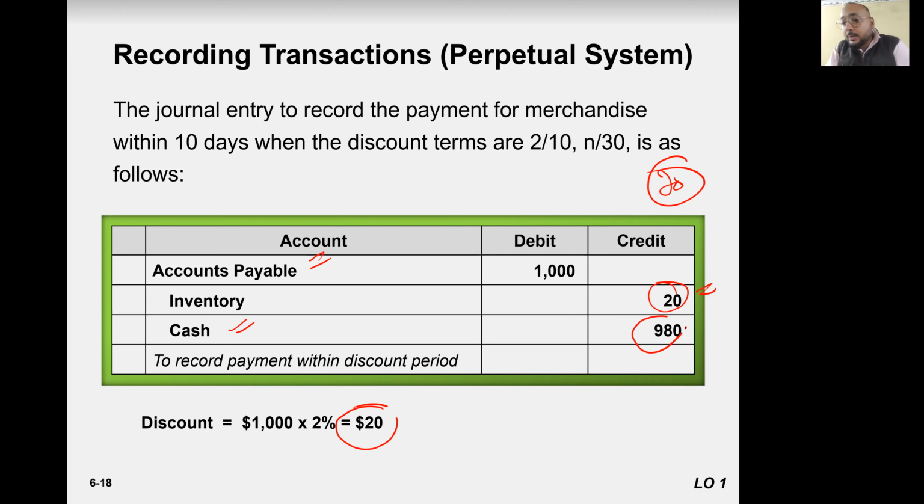Cash we paid 980, but our liability decreases because we are fully paid. We are fully covering the liability. So liability decrease means debit. Asset decrease means credit. All right. So all the inventory discounts will be decreasing the cost of inventory.